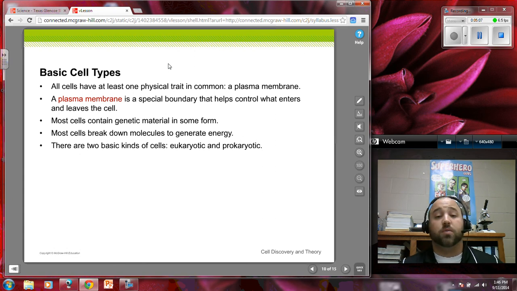Typically, that would be ribosomes, which are proteins, and that's the basic setup: plasma membrane, genetic material, and ribosomes, which help generate energy, break down things, and store energy. Now, we have two types of cells: eukaryotic and prokaryotic.